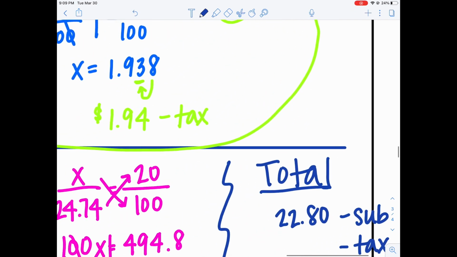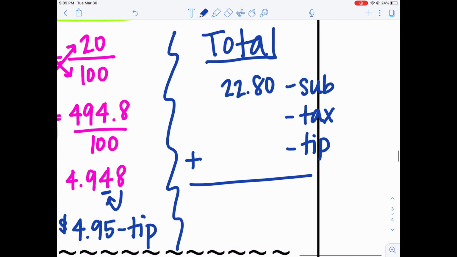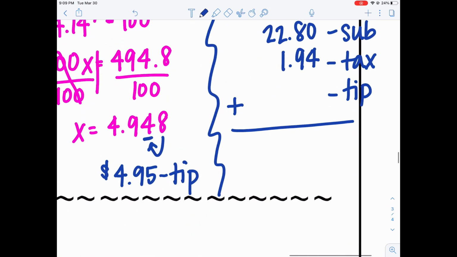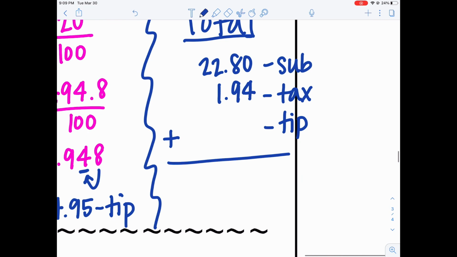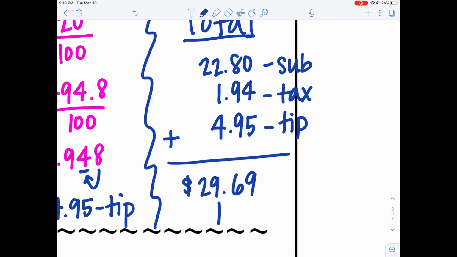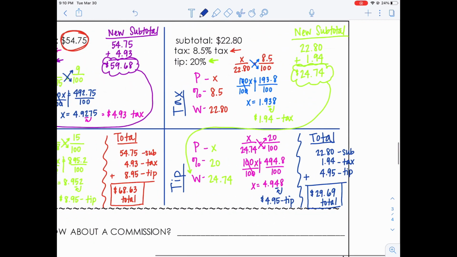The amount that I paid for tax was $1.94. The amount that I paid for tip was $4.95. Now to find the total, I'm going to take $22.80 plus $1.94 plus $4.95, and I get that my total is $29.69, and that is my total with tax and tip applied.